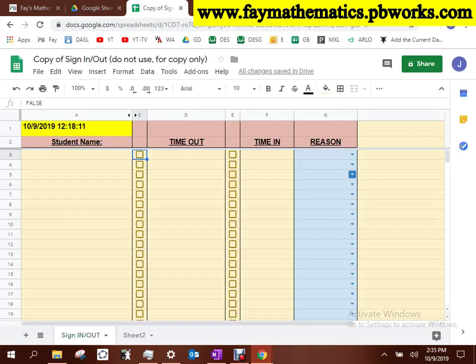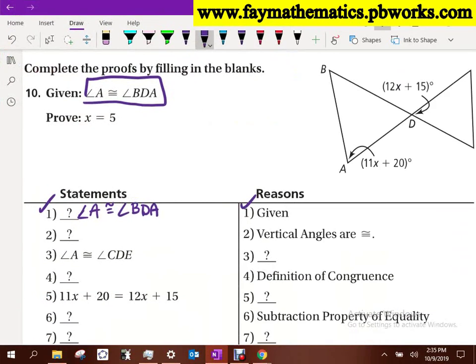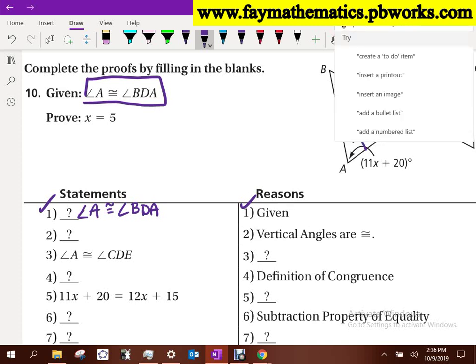Now, if you go off of that sheet that had those 7 steps on it the other day, it said every time you write your given down, if there are any congruent statements in your given, we want to go to our picture and draw that in. So I go find angle A and angle BDA in our picture, and we draw that in.